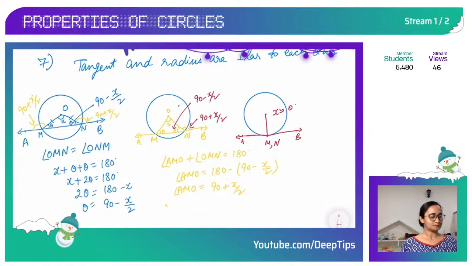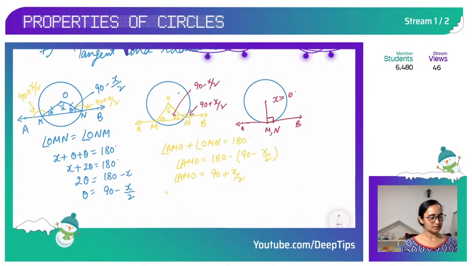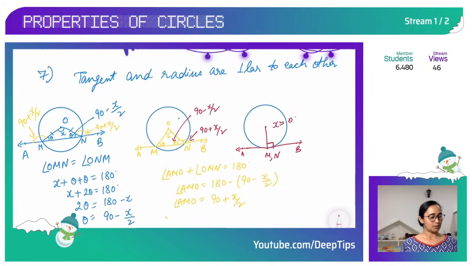So that's why here it is forming a right angle. Okay? So this is the reason why tangent and radius are perpendicular to each other. It all starts with the secant, and when the secant starts sliding down and down and down, and it touches the circle at one point, then you get a right angle. So this is the main reason behind this theorem. So I hope you are clear.